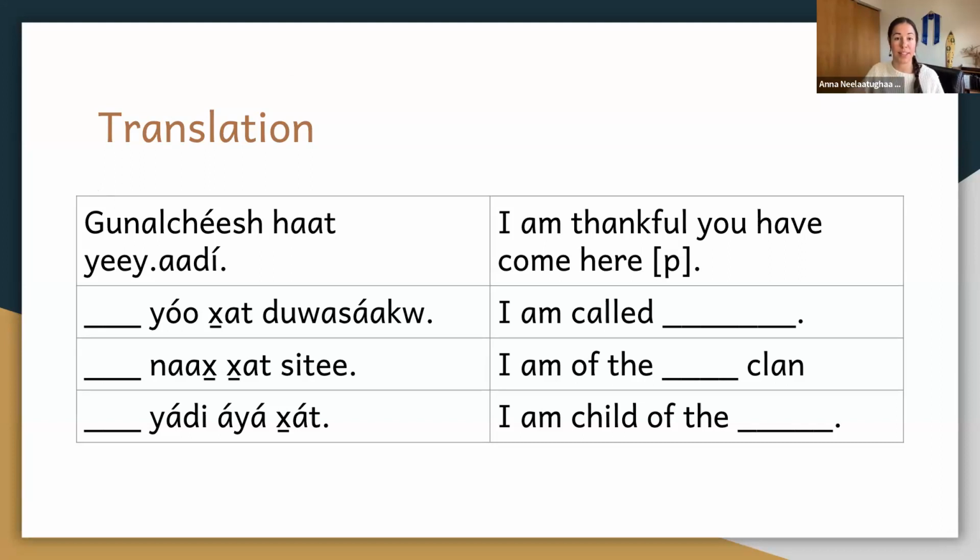I view my language journey as part of my healing journey, and they go hand in hand as we learn where we come from. We learn to honor our ancestors, honor the people who raised us, there's a lot that goes into it. And so it's like, how do I identify? And then how do I say that in Tlingit? There's a lot. How do I pronounce the clan names?